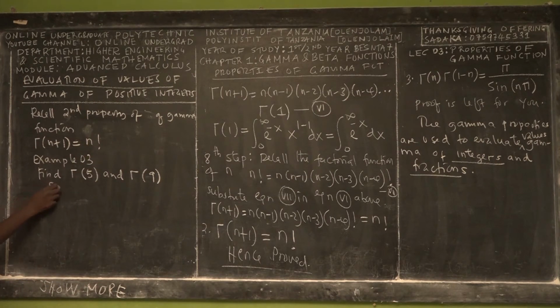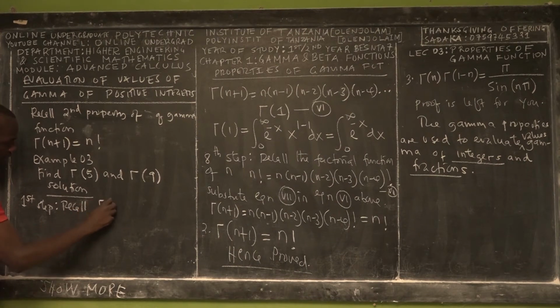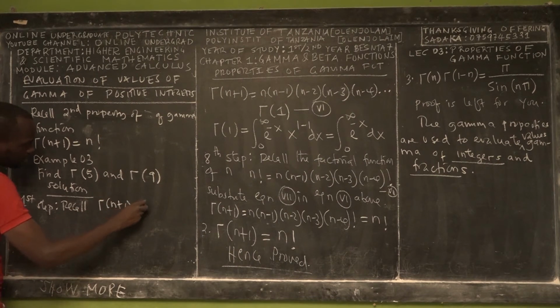So solution: to evaluate the value of gamma of 5, which is a positive integer, the first step is to recall the second property. That states gamma of n plus 1 is equal to n factorial.